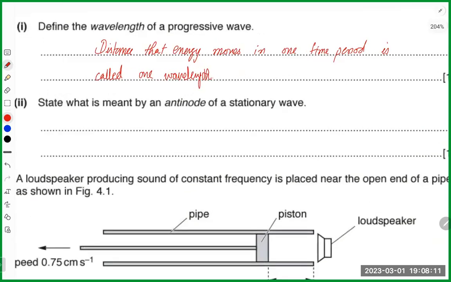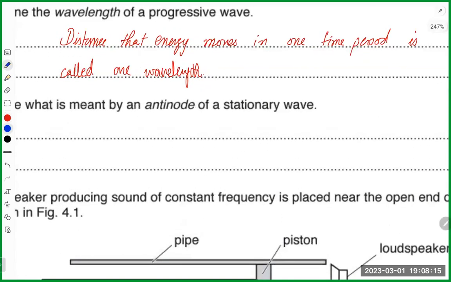Or distance between two consecutive in-phase particles equals wavelength.